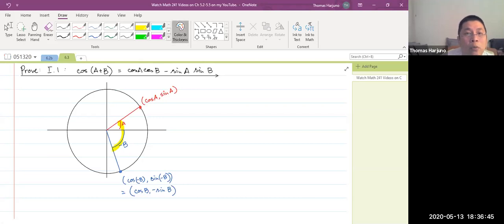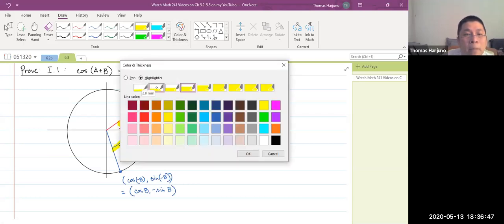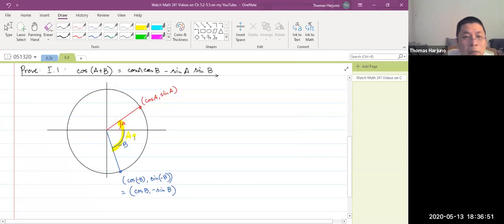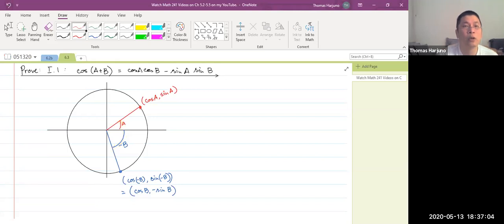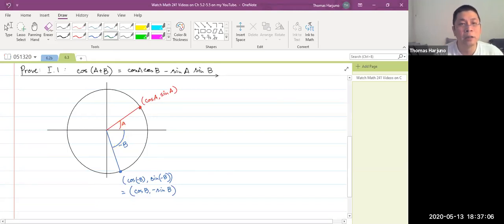The total angle will be A plus B. But we worry about that later. Now, what I will do next is to find the distance between these two coordinates here. I want to find the distance. Call that D.